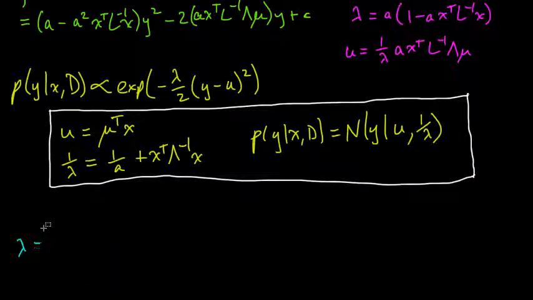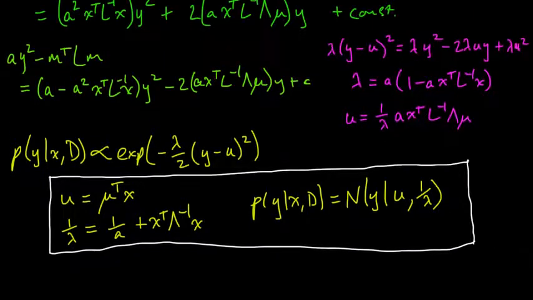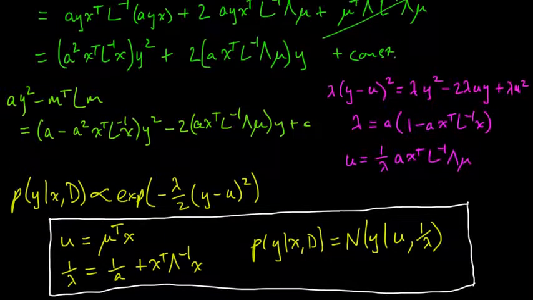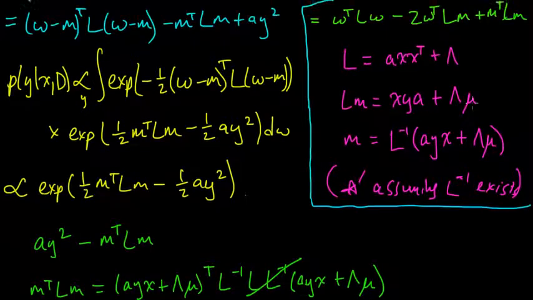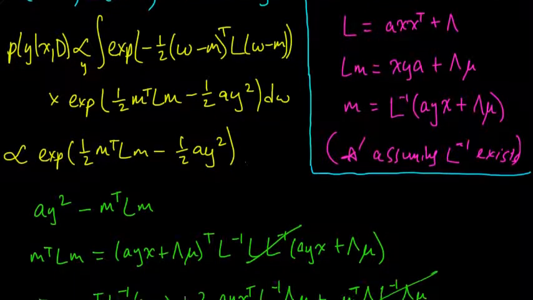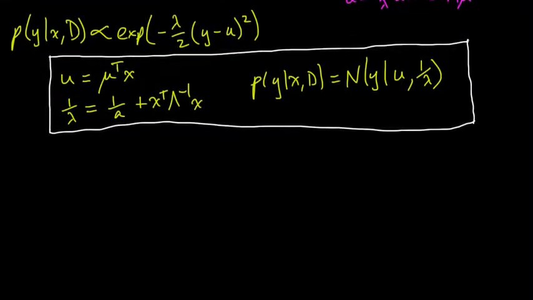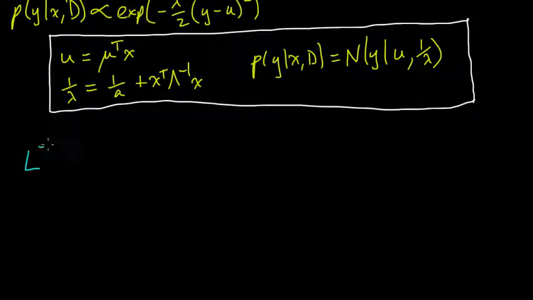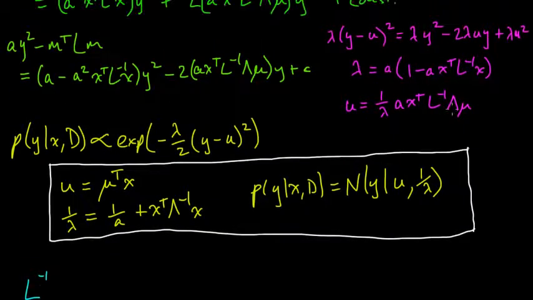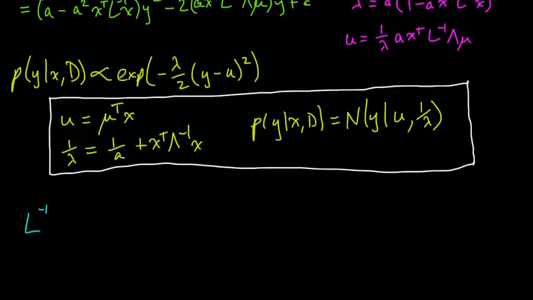Let's back up here. We're going to use the following linear algebra identity. L was AXX transpose plus lambda, and we want to invert L so we can compute this.